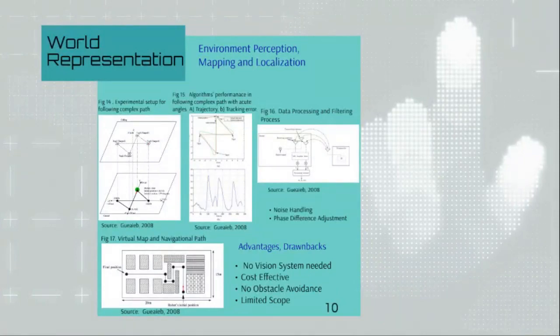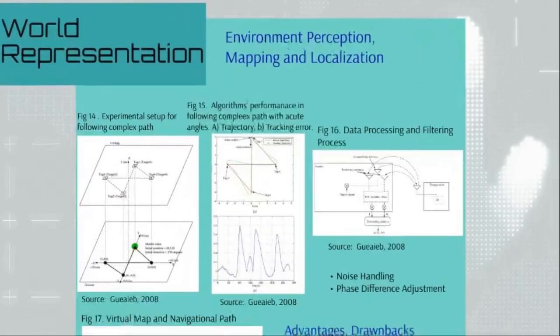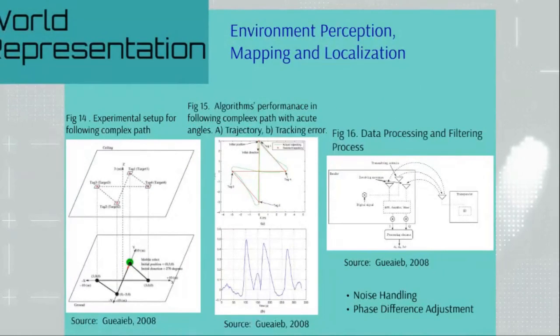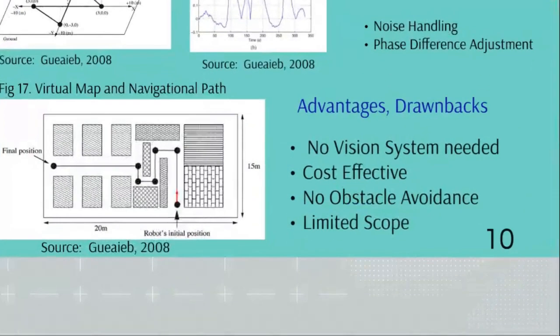one paper for each layer. So here in the world representation, I have selected this article which shows an RFID navigation.